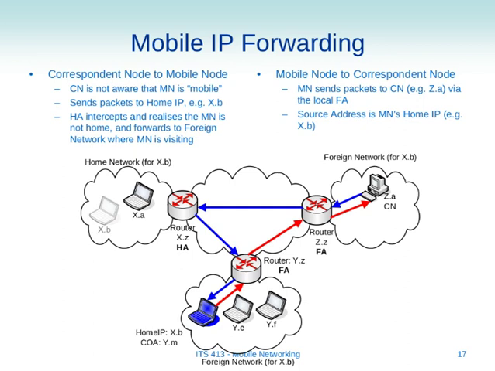The foreign agent knows that x.b is visiting its network and will deliver the datagram to the host with address x.b or care of address y.m. So that's the basic approach there.